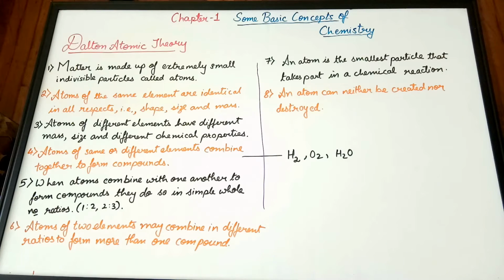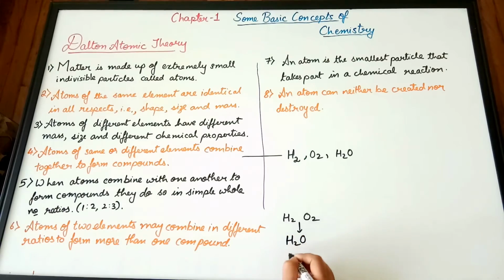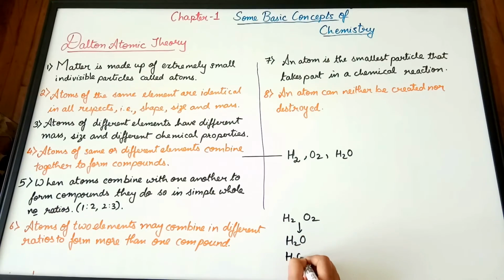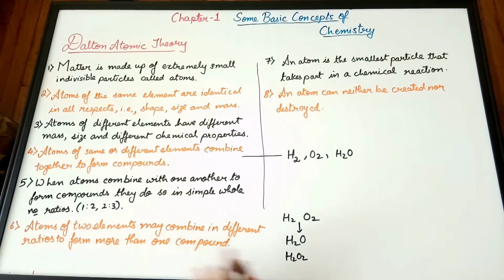A simple example is hydrogen and oxygen. When they combine, it can either give us water or hydrogen peroxide. So here you have two compounds formed, water and hydrogen peroxide.